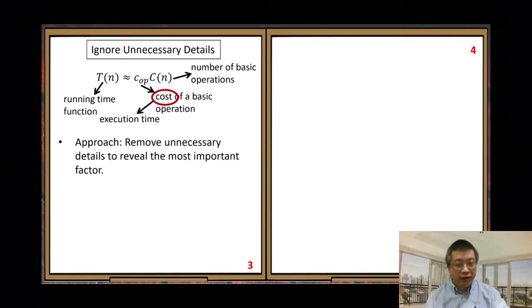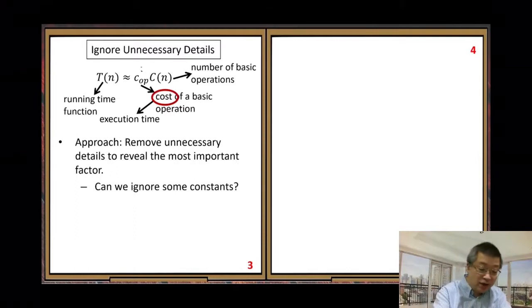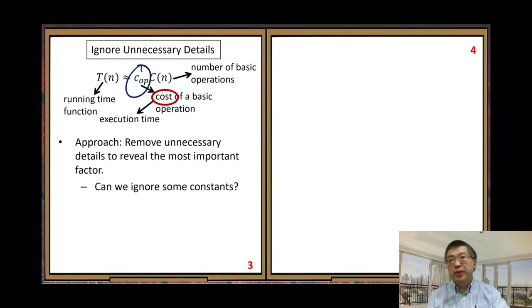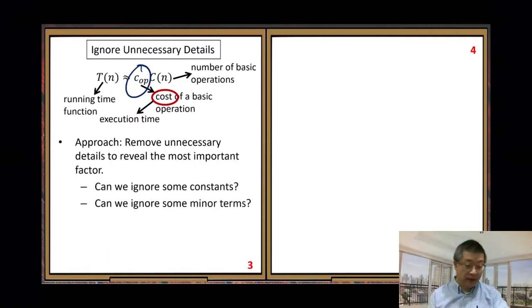First, can we ignore some constant? For example, this constant. Can we ignore this constant? Let us look at some more insight here. Another question, can we ignore some minor terms?